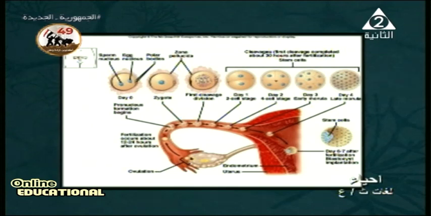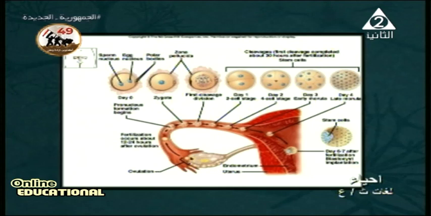The first cleavage division: day 1, the 2-cell stage; day 2, the 2 becomes 4 cells; day 3, this becomes the early morula; day 4, the late morula, meaning 6 to 7 days after fertilization, changes to the morula and by another name is known as blastocyst.